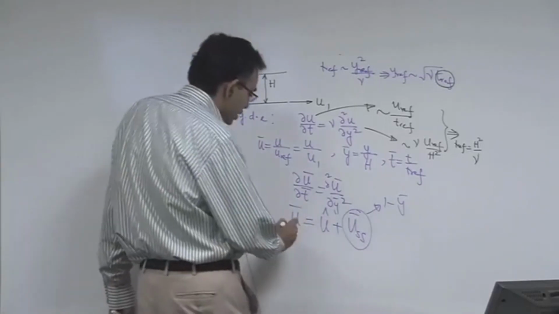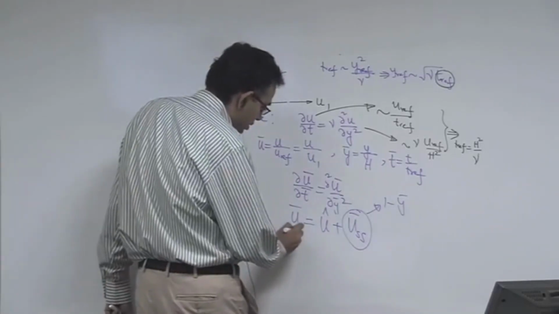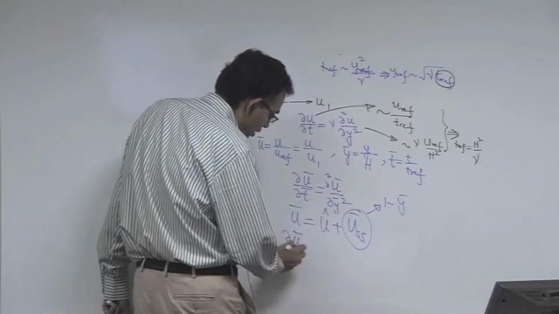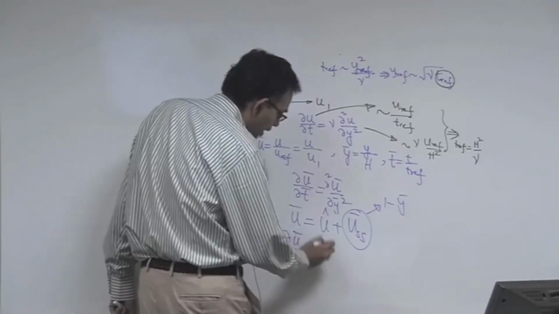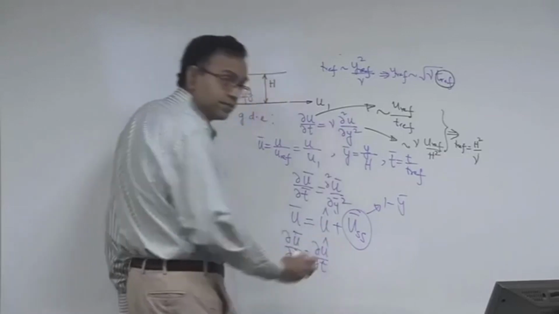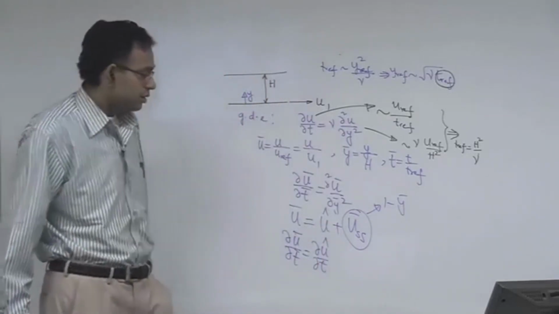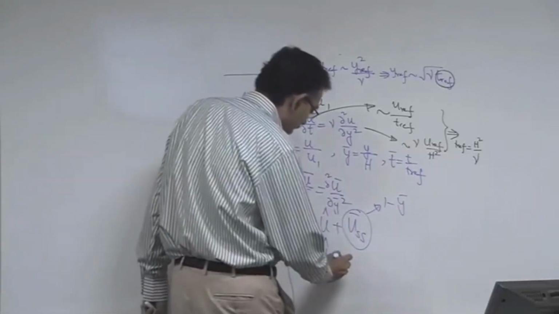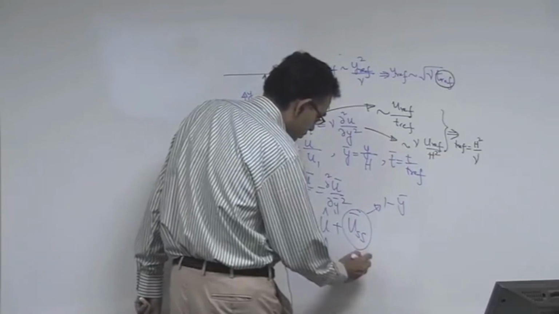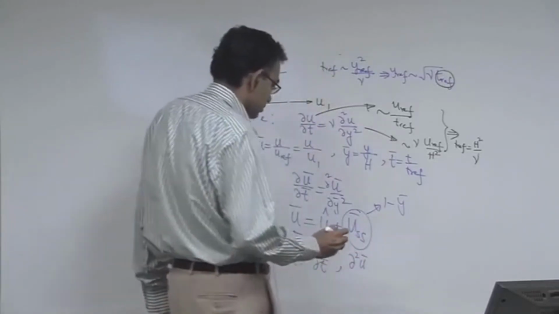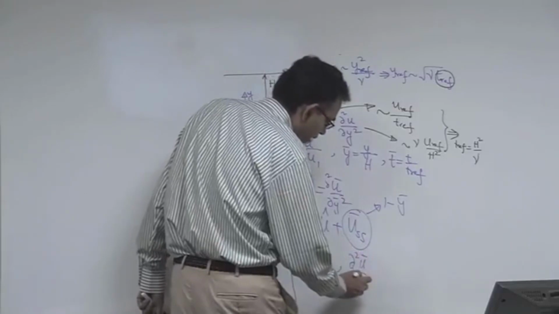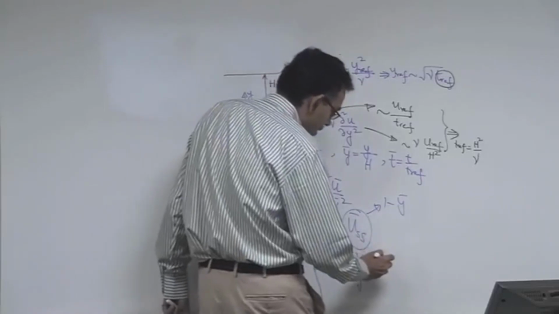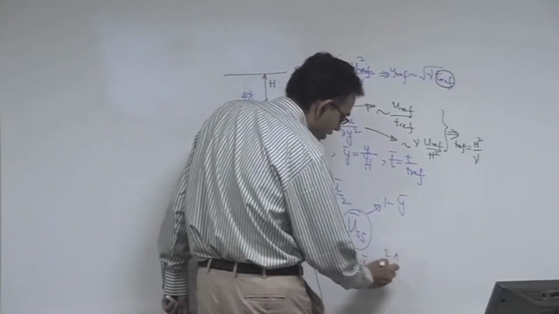So, you can see that the time derivative of u bar is the same as the time derivative of u hat, because u steady state is a function of position only, not a function of time. Not only that, the second order spatial derivative of u bar is the same as the second order spatial derivative of u hat.